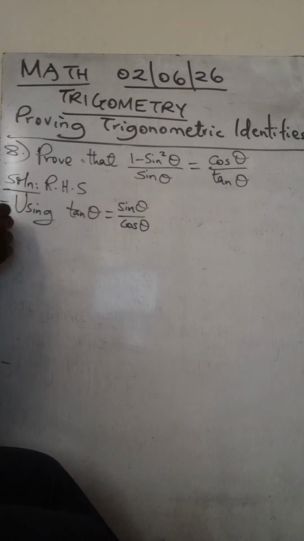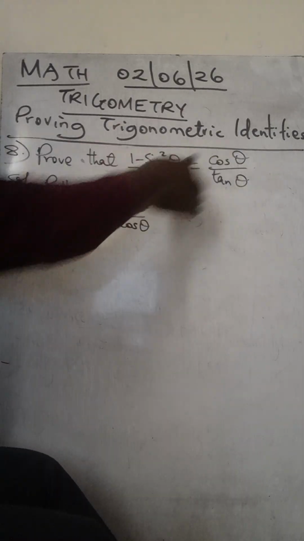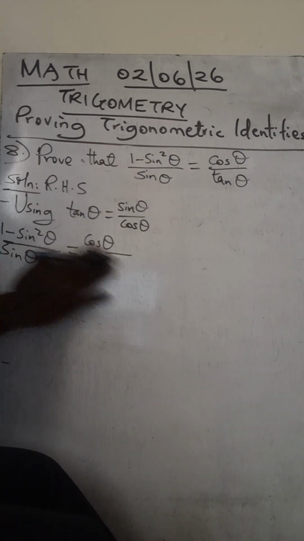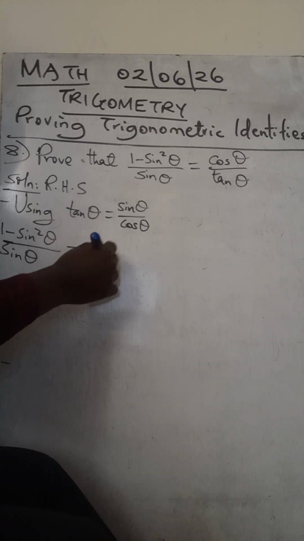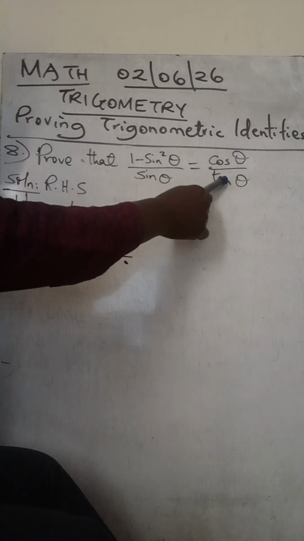On the left hand side we have (1 minus sine squared of theta) over sine of theta equals cosine of theta divided by, now this is what I'm going to do, cosine of theta divided by tangent of theta.